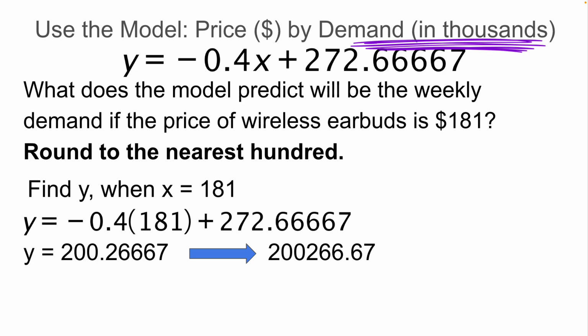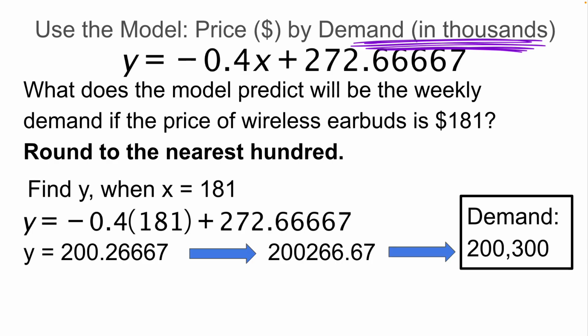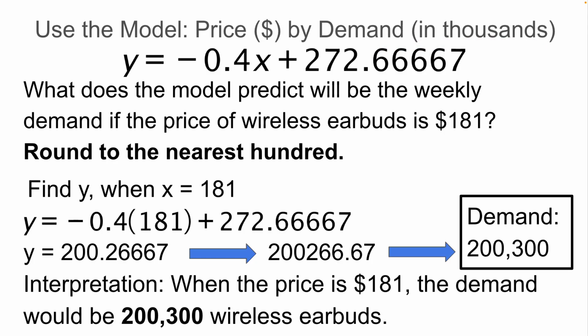That would give us 200,266.67. And now the question asked us to round it to the nearest 100. So rounding to the nearest 100, the demand would be 200,300.